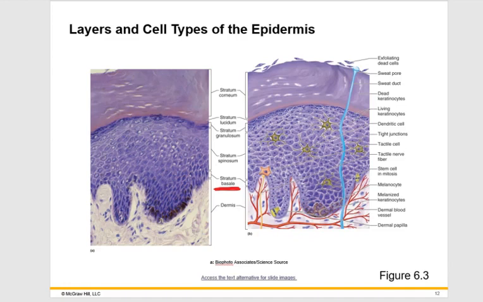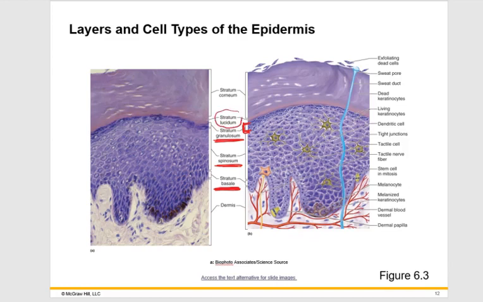Now moving more superficial, we have a nice thick area known as the stratum spinosum. These are our cells that are really making up the bulk of our epidermis. Moving further out, stratum granulosum for grainy. Now we're getting into a thinner layer here where we have more melanin deposited, so that's why they look grainy.